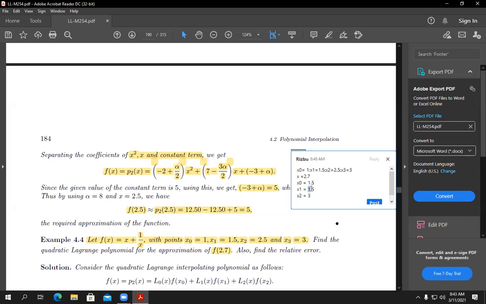This should be what? 2.5. And what is the distance now? It is 1.5. The interval size is small because you have to select 3 points which must be close to each other, and the main condition is that x must be inside.